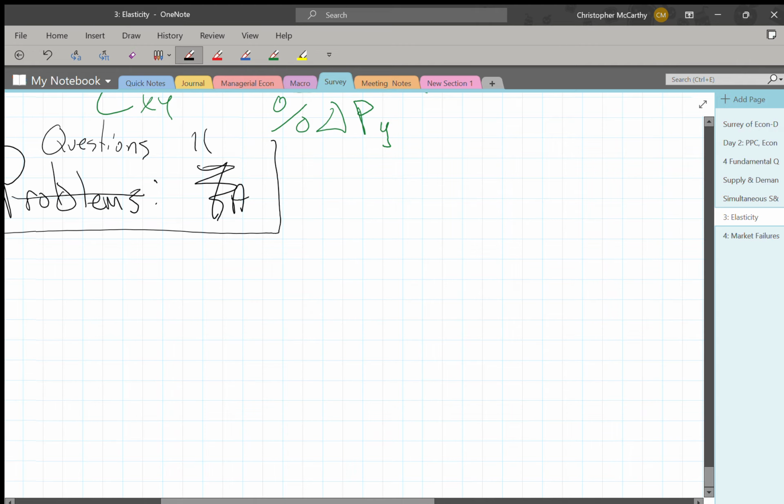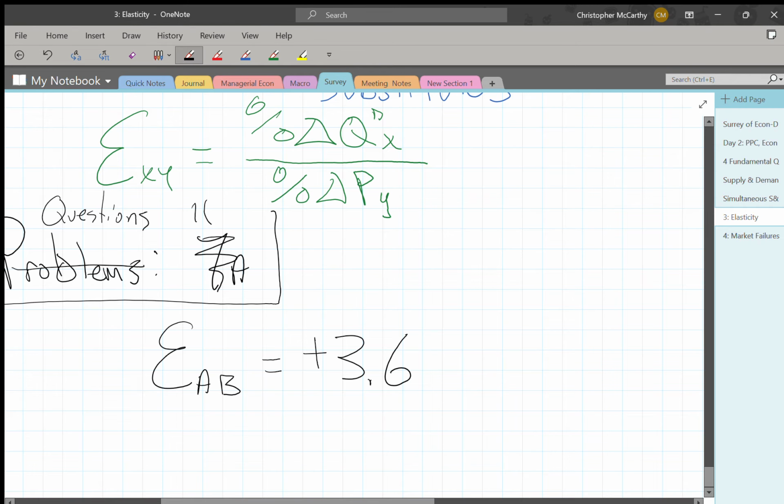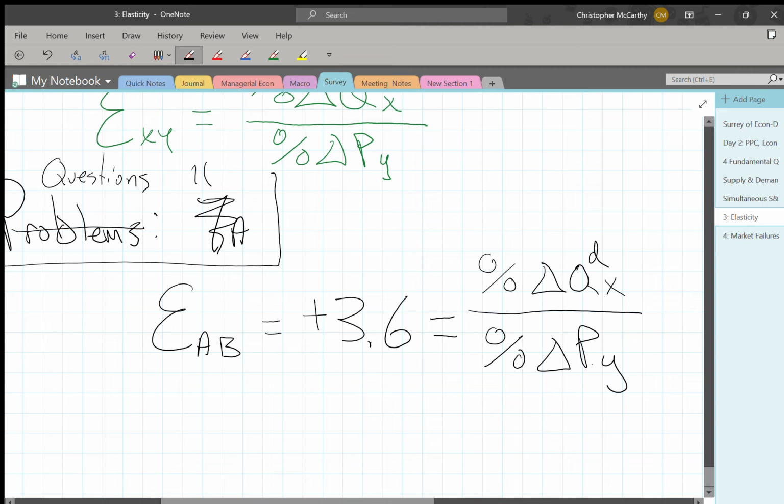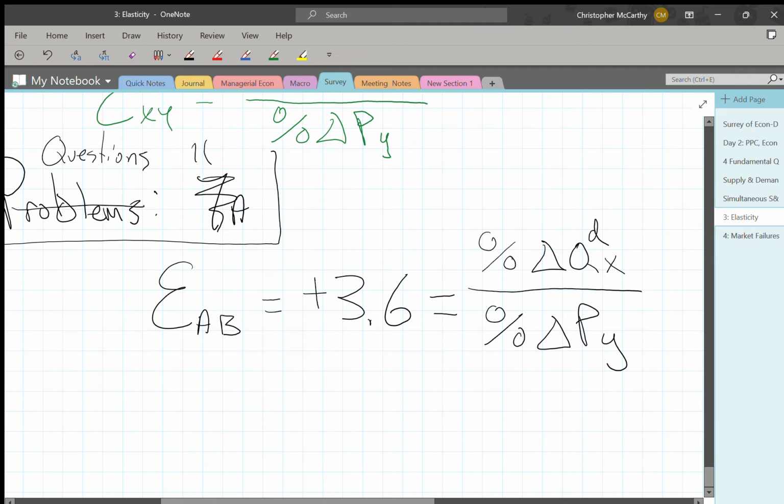So in 11, we're told that the cross-price elasticity for products A and B is plus 3.6. What can we conclude about how these products are related, right? So let's think about this. If it's a positive number, let's just say for the sake of argument that there's a 10% increase in the price of this other good, right?